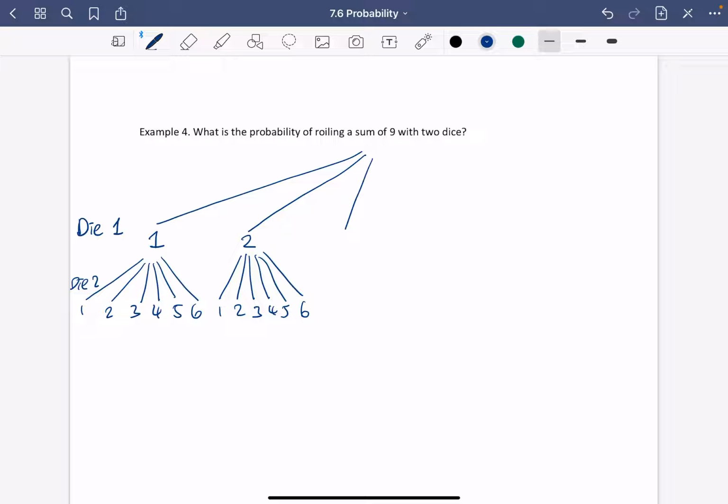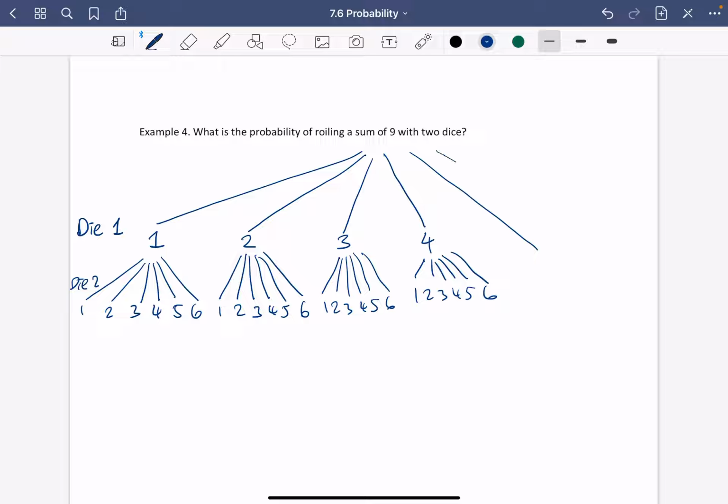And then if the first die is 3, still 6 possibilities, and then 4, and then we can have 5 and 6.